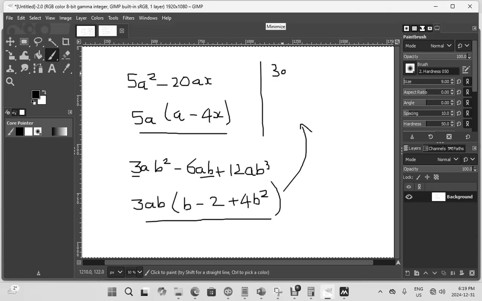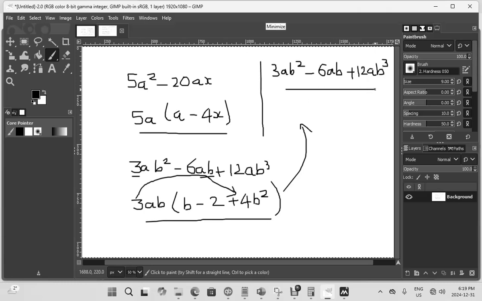So 3AB squared, minus 3 times 2 is 6AB, plus 3 times 4, so number times number first, 4 times 3 is 12, A stays as it is, and B times B squared is B cubed.